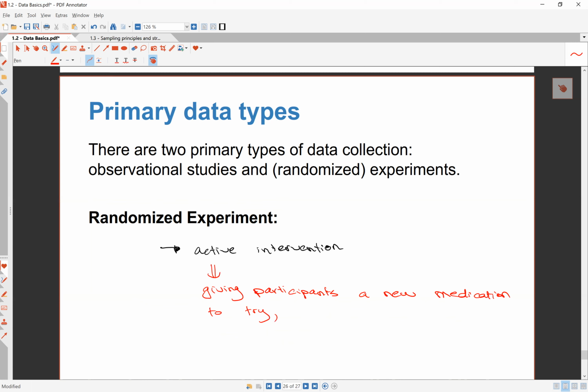It could be asking people struggling with anxiety to start meditating.